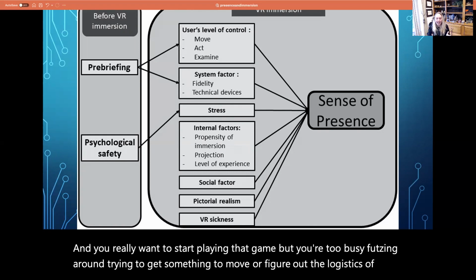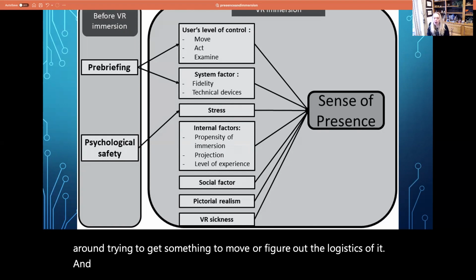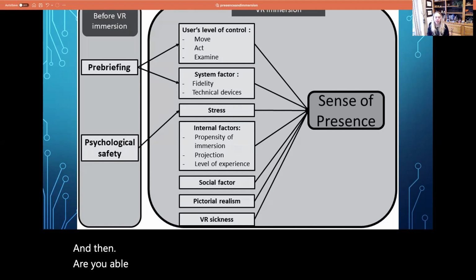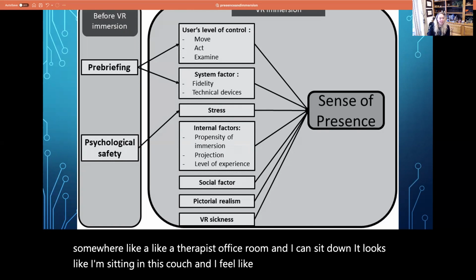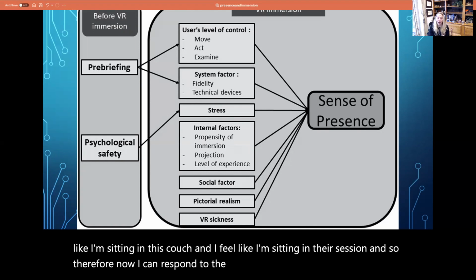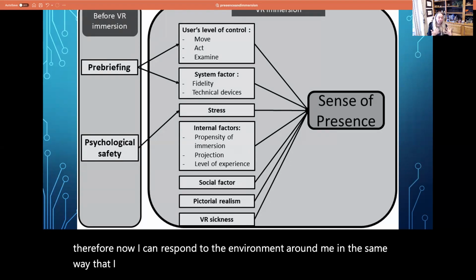And then are you able to actually look around and say, wow, this actually looks like a therapist's office, and I can sit down. It looks like I'm sitting on this couch and I feel like I'm sitting in a therapy session. And so therefore now I can respond to the environment around me in the same way that I would respond to being in a therapeutic environment in reality.